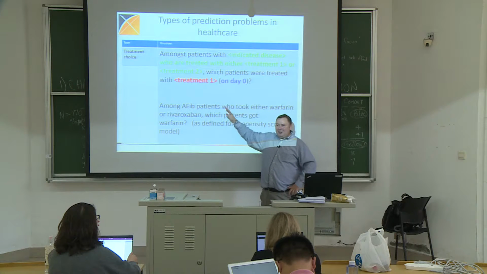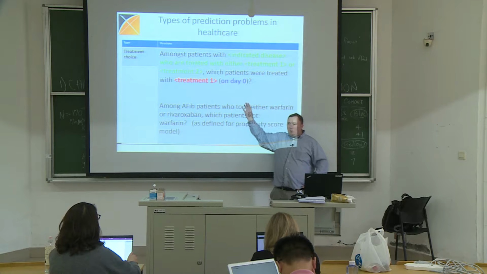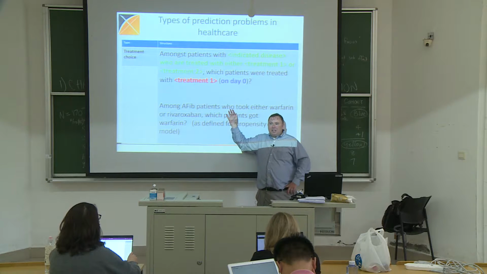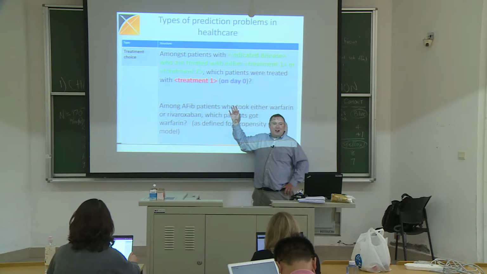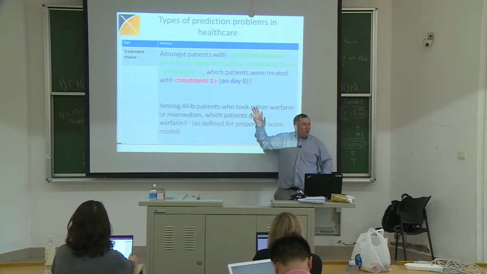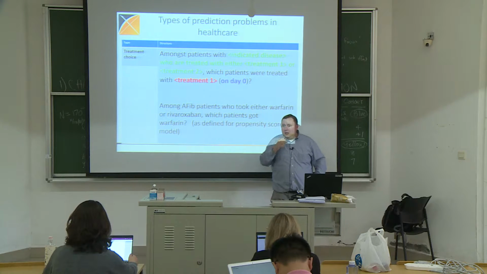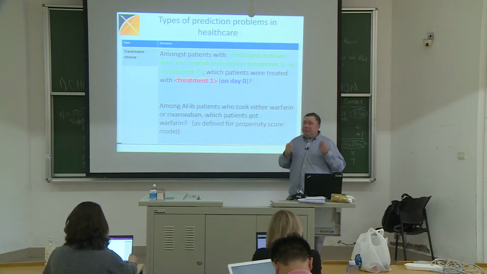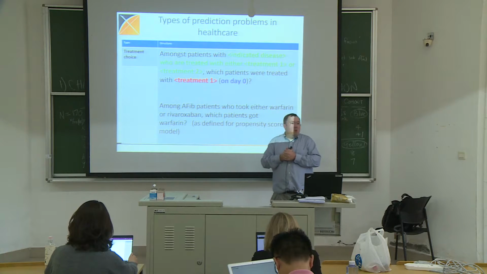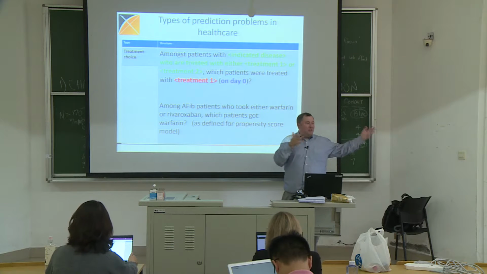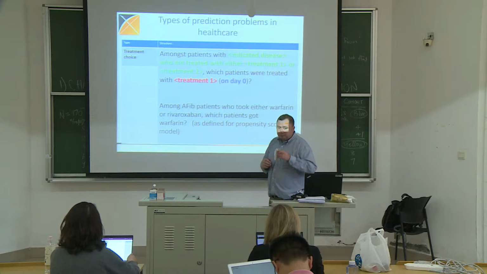Because what you're going to be learning is the probability of choosing treatment 1 versus 2, given all of the prior choices that all the prior patients and all the prior clinicians have made when faced with the same decision. That could be useful, not because it's telling you which treatment is best, but because it's telling you what treatment choice previous patients have made when faced with the same circumstance.